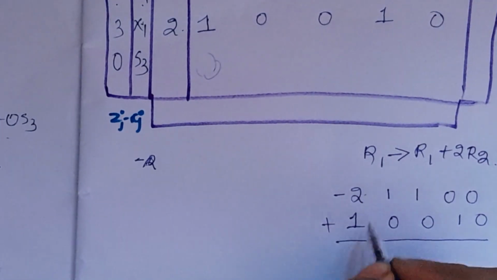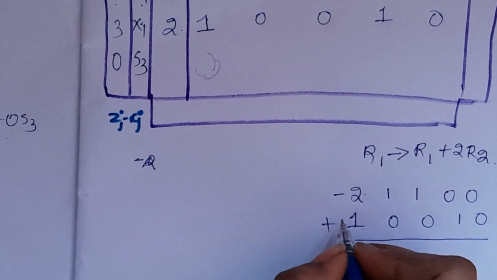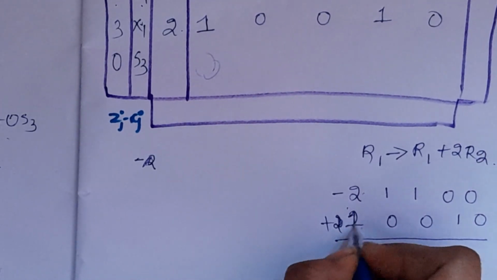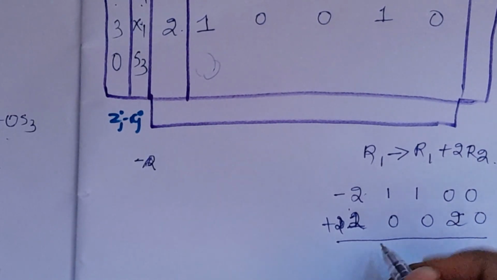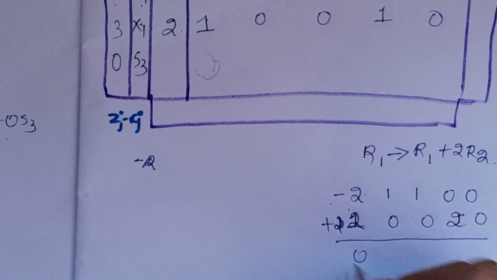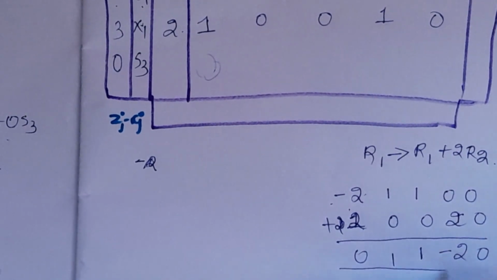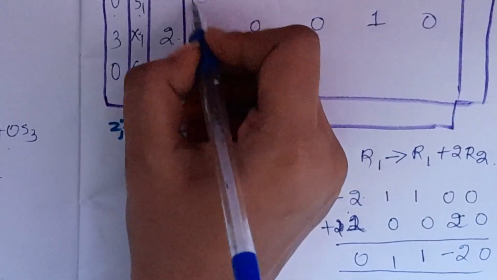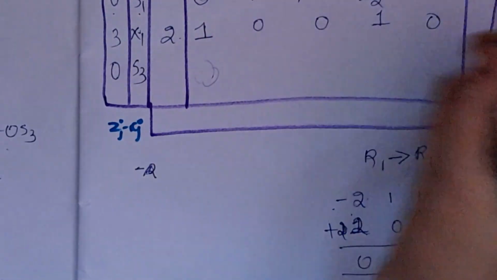Sorry, here we have to do 2R2: 2 into 2, 2 into 2, 2 into 1, 2 into 1. Minus 2 plus 2 is 0, 1, 1, minus 2, 0. We have to fill this row here: 0 1 1 minus 2, and we got 0.